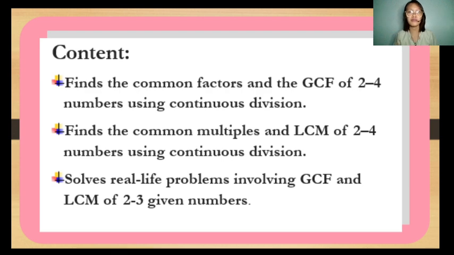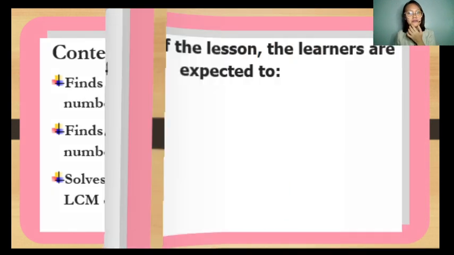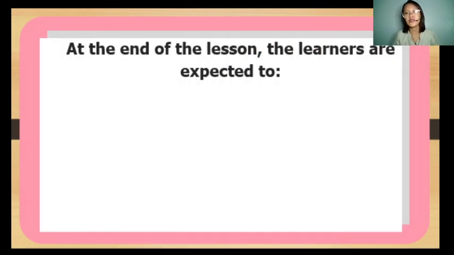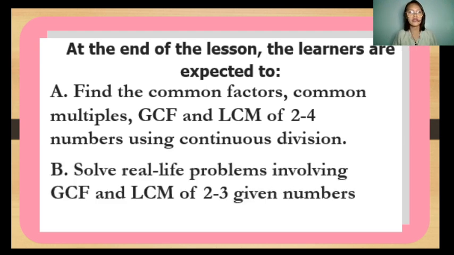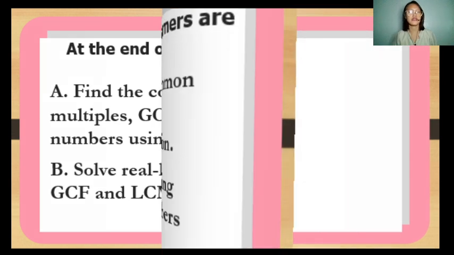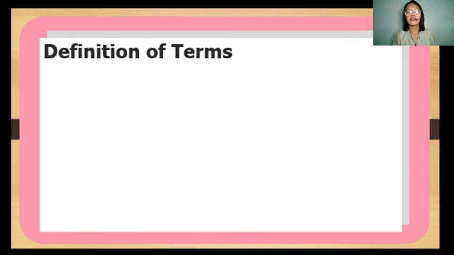The third content, medyo pahapyaw na lang yung i-discuss natin kasi na-discuss na natin siya from our previous lesson. So at the end of this lesson, you are expected to find the common factors, common multiples, GCF and LCM of 2 to 4 numbers using continuous division and solve real-life problems involving GCF and LCM of 2 to 3 given numbers. So let's define terms first.